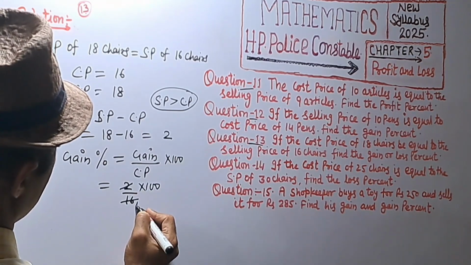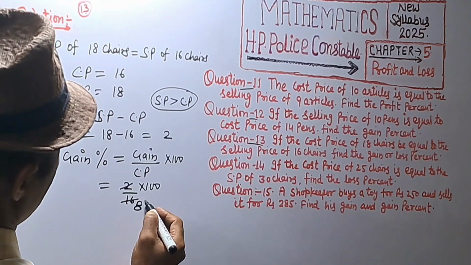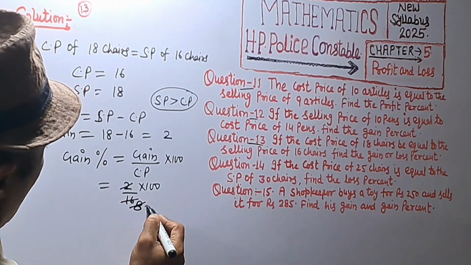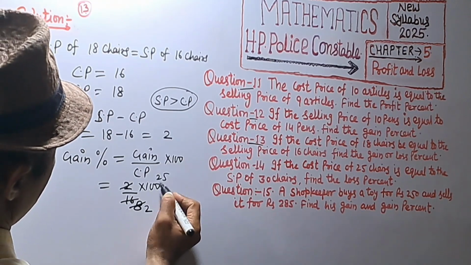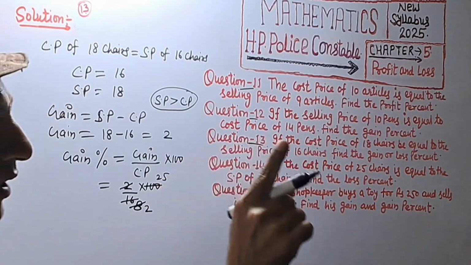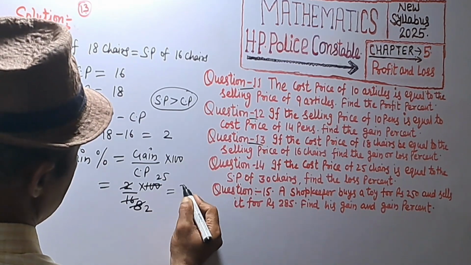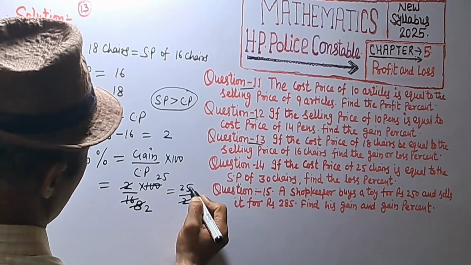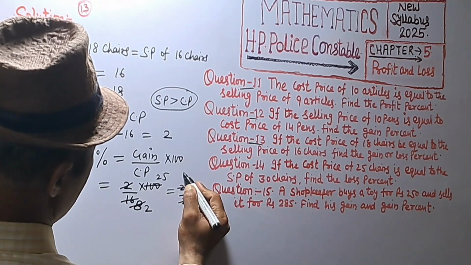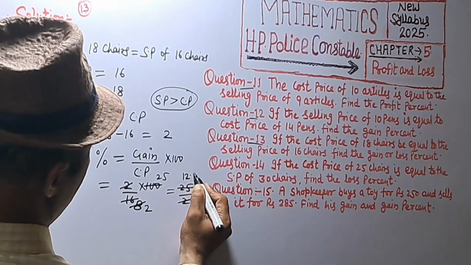This is cancelled by 8, and 4 2s are 8 and 25 4s are 100. That is 25 upon 2, 12.5.